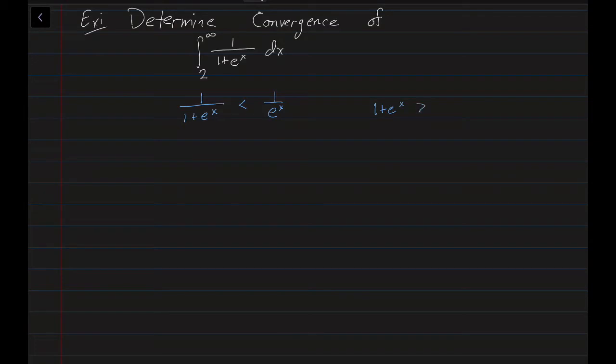So the denominator, 1 plus e to the x, is always going to be greater than e to the x on this interval from 2 to infinity. And that's how we can conclude this inequality holds.